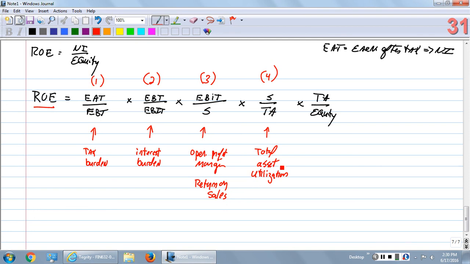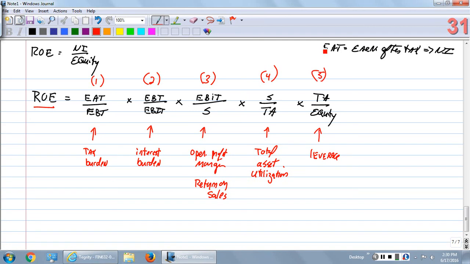I think what this tells me is how the firm is utilizing their total assets to generate sales. Okay? And then the last thing that we see here is really our leverage factor. Okay? It's our leverage factor. Sometimes we call it an equity multiplier.